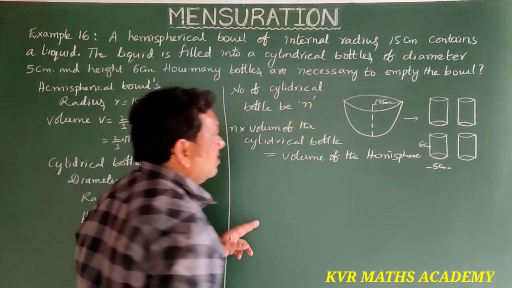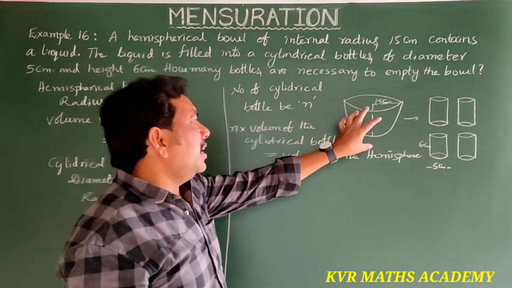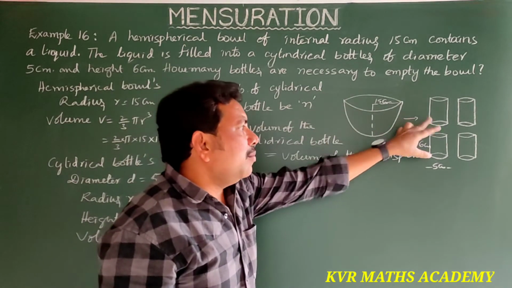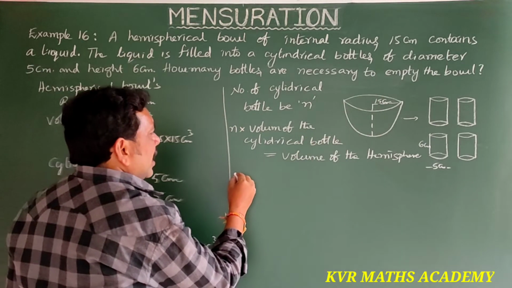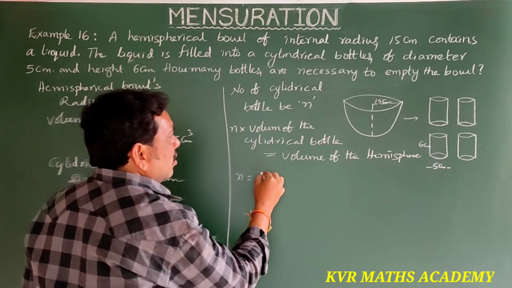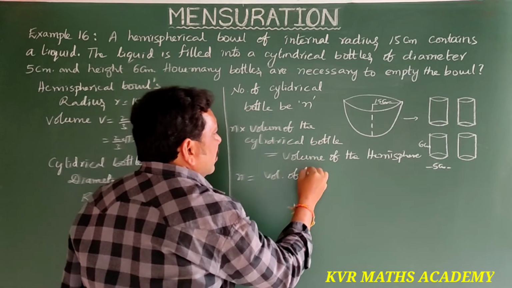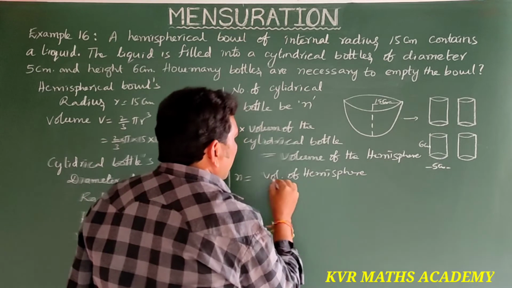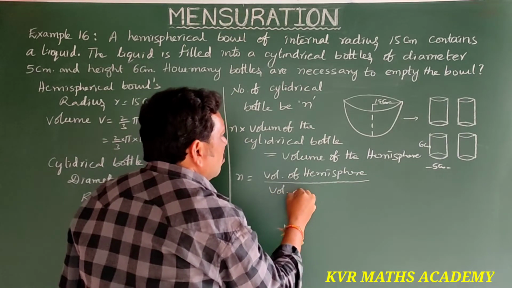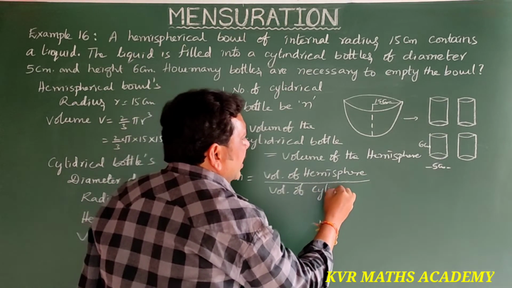Exactly. So N is equal to the volume of the hemisphere by the volume of the cylinder.